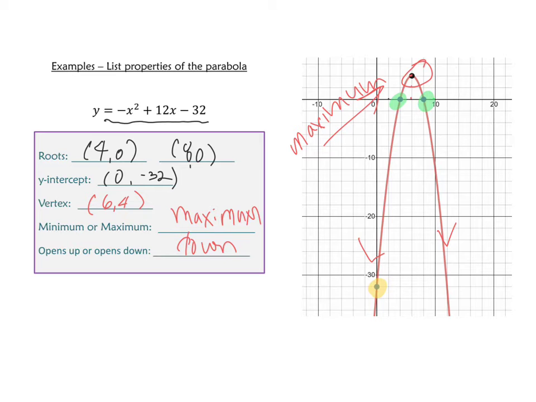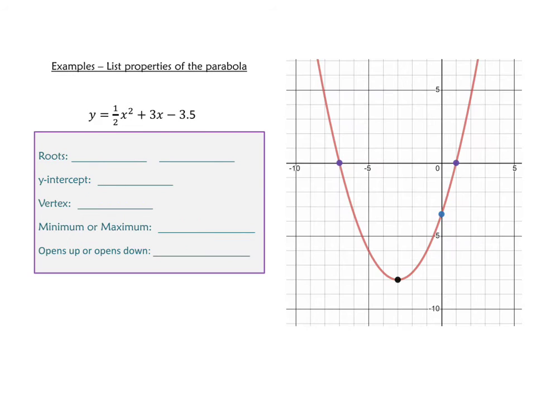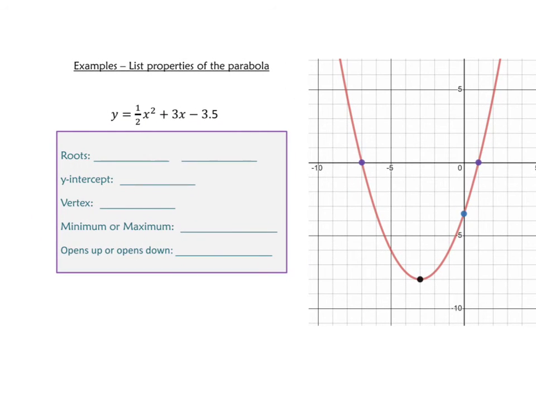Let's have a look at another one. All right, we have y equals 1/2 x squared plus 3x minus 3.5.